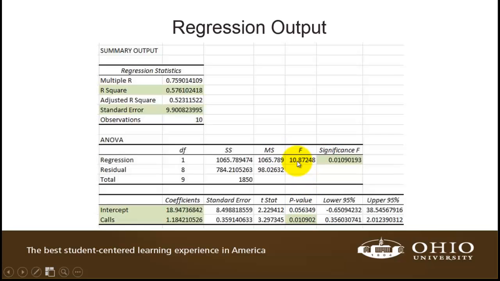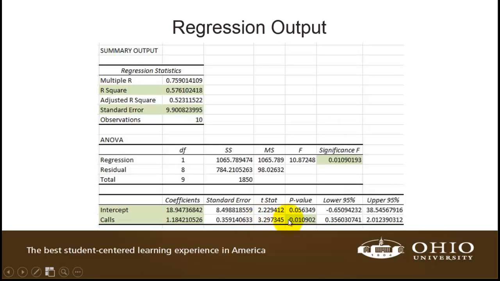Notice that in both cases the p-values are the same, and that's because in simple linear regression there's only one independent variable, and so what you're really testing for here, in both cases actually, is whether or not b is equal to 0. Since the p-value is small, our conclusion is that b is not 0, so there is a significant relationship between the number of calls made and the number of copiers sold.